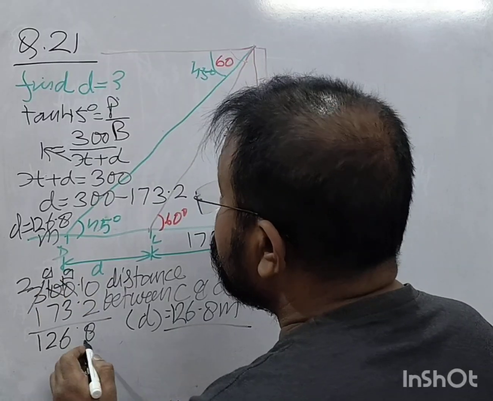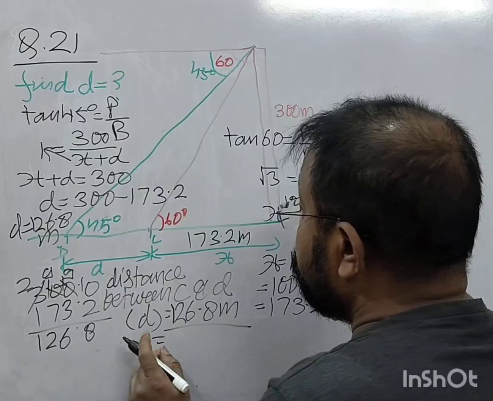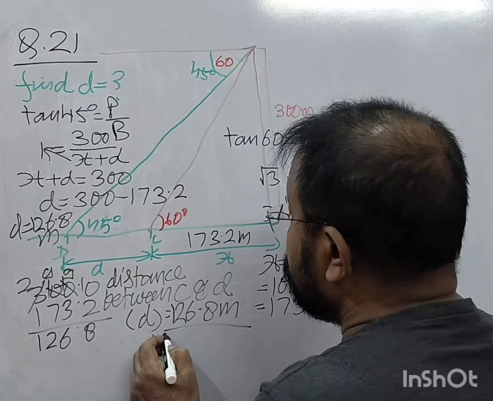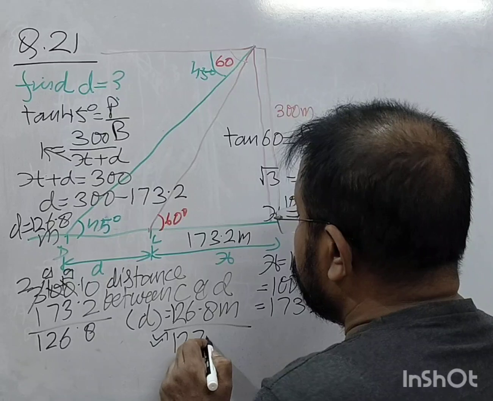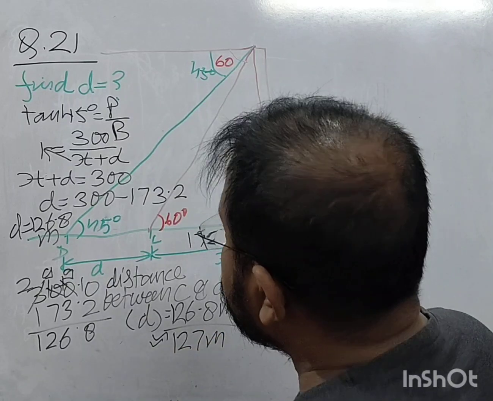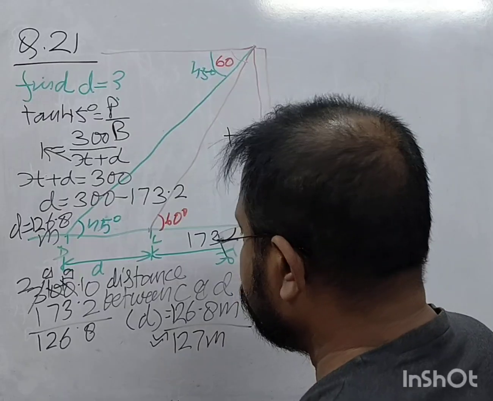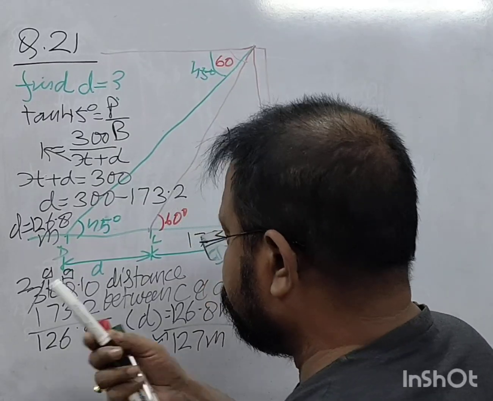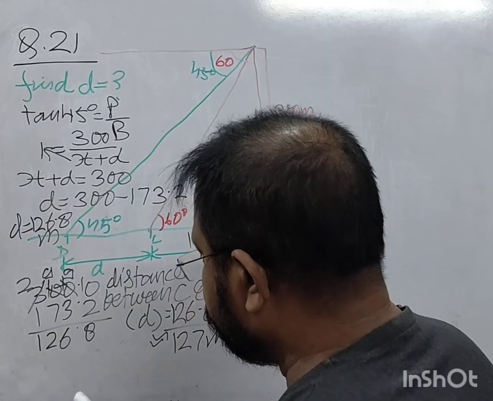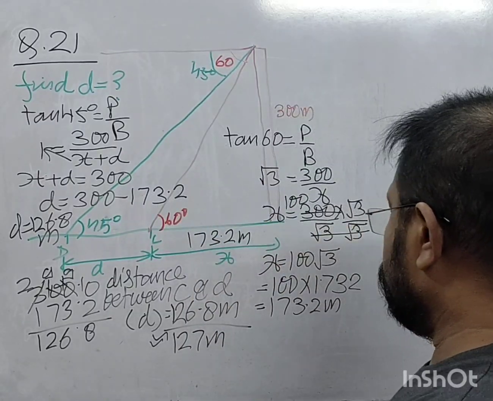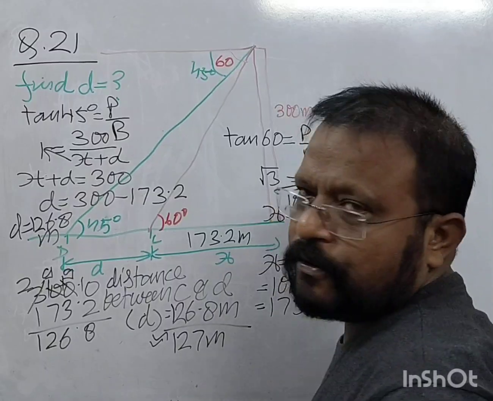Right? d is 126.8 meter. So 126.8 meter can be approximately 127 meter. Is this correct? Yes. Right? So this is the question. This is the solution, and how you have to solve this.